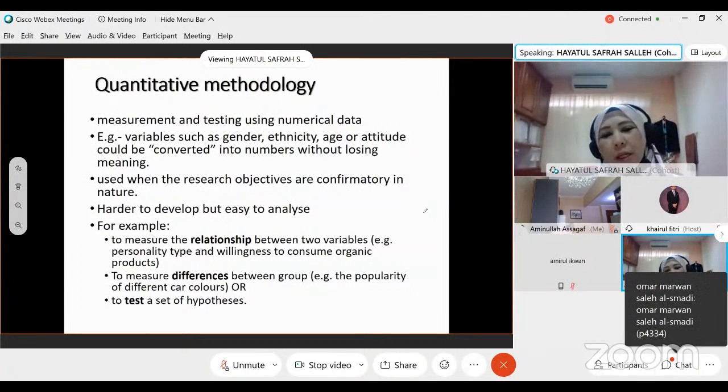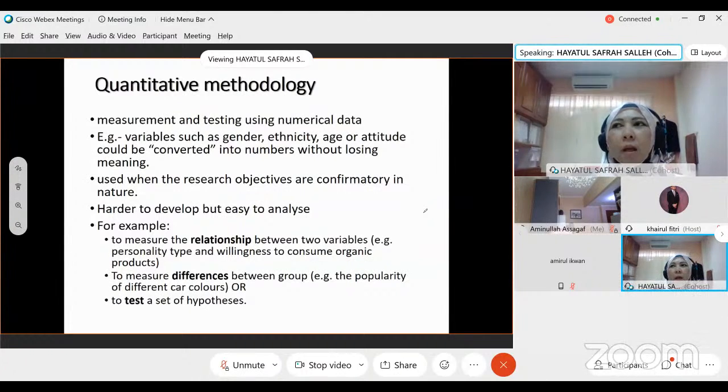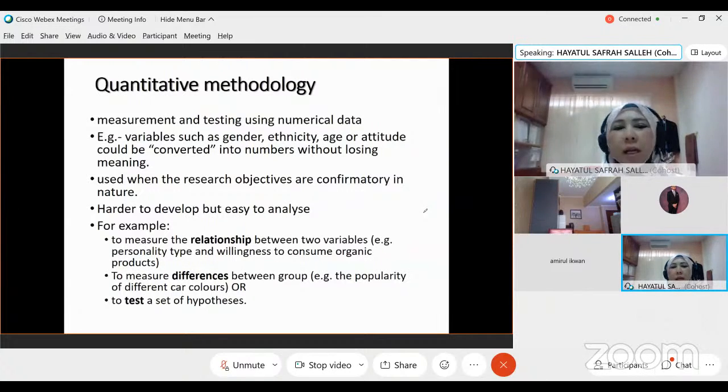If you have four ethnic groups, maybe Muslims number 1, Chinese number 2, or whatever. So you put numbers into that measurement.